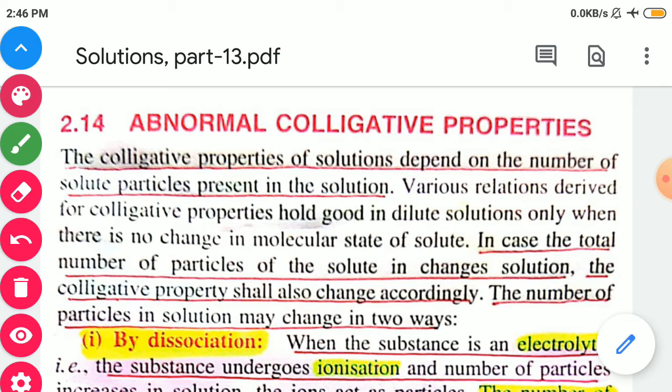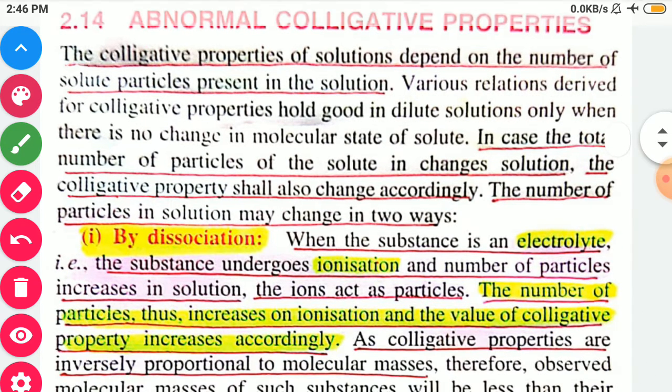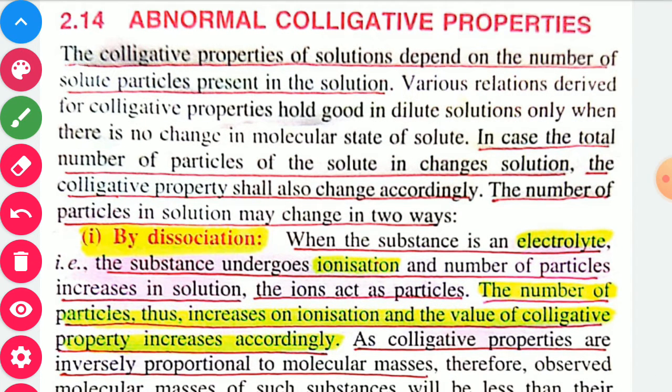First one, by dissociation. Dissociation means ionization. When the substance is an electrolyte, that is, the substance undergoes ionization, that is dissociation, the number of particles increases in solution. For example, sodium chloride works as an electrolyte in its aqueous solution. So this gets ionized into sodium cation and chloride anion.